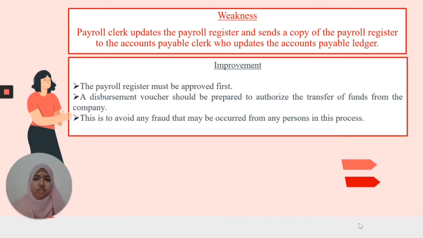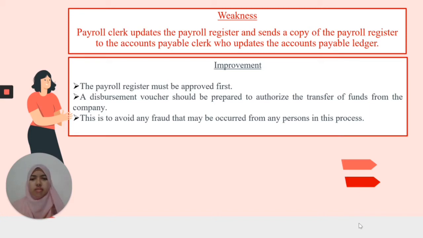So for the improvement, the payroll register must be approved first. This is because in the question there is no verification of the payroll register, so there might be errors.